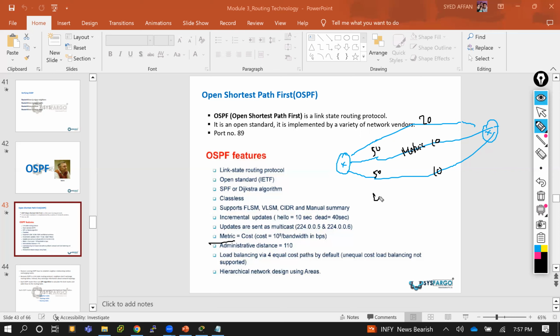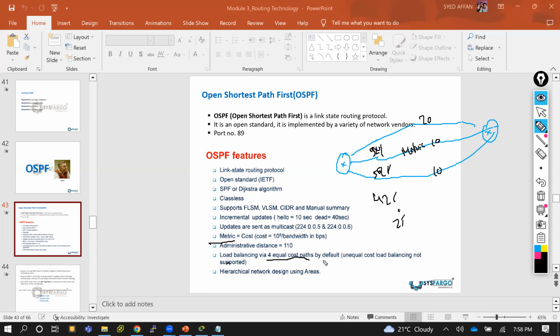Maximum it supports 4 paths, load balancing via 4 equal paths. Suppose 4 paths have the same metric, all 4 paths are best, so 25% is sent on each.